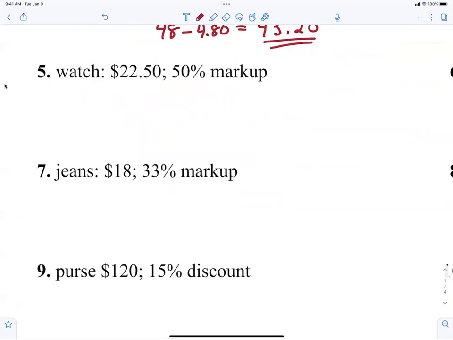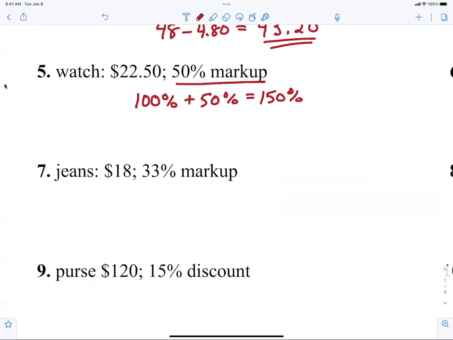Does everybody agree it's a markup? So I want everybody to write down on their paper 100% plus, how much are we marking it up? 50%. So put equals 150%. Everybody's got to write that down.